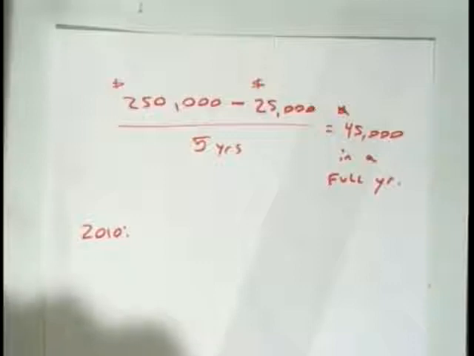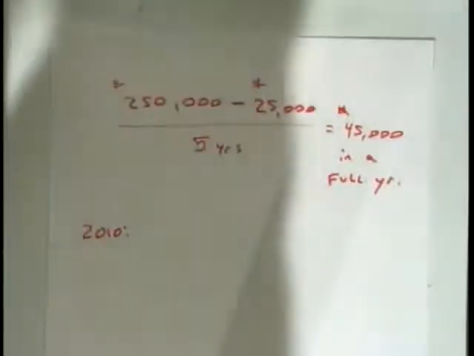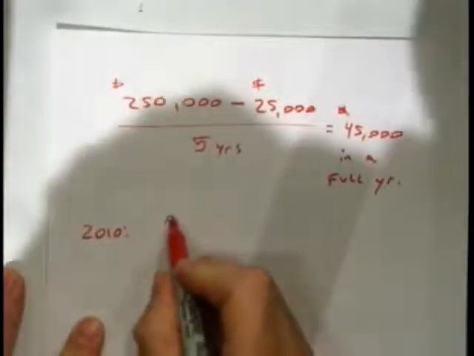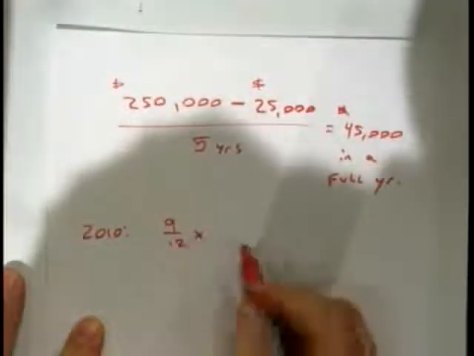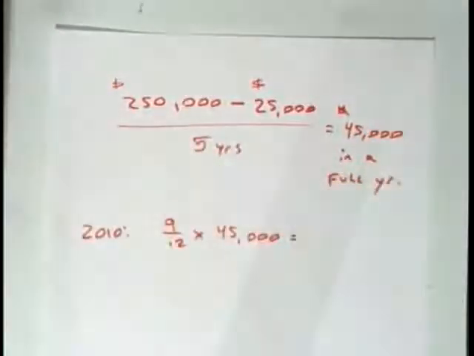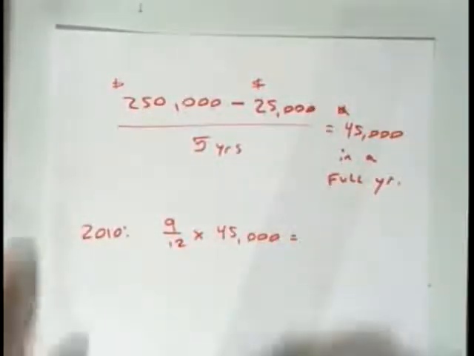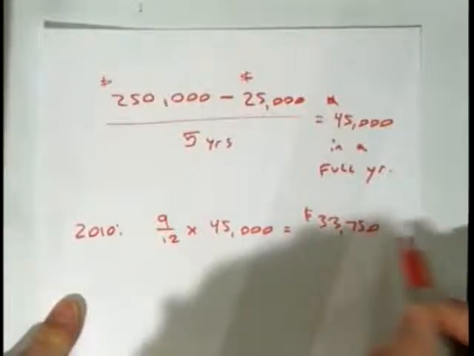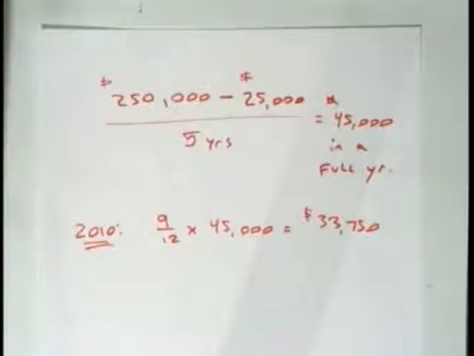So that's April, May, June, July, August, September, October, November, December, 9 months. So we're going to take for 2010, 9/12 times $45,000. And that gives us $33,750. Okay, so that's how much there is for 2010.